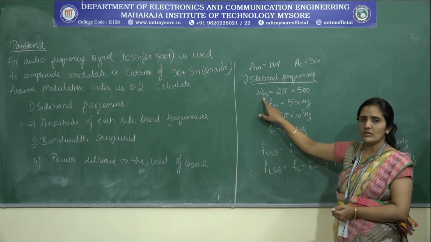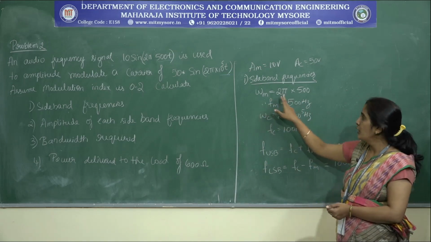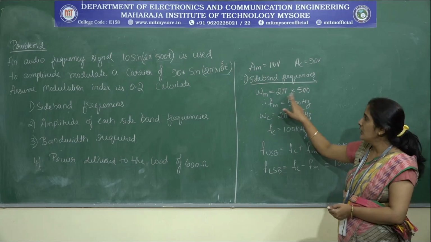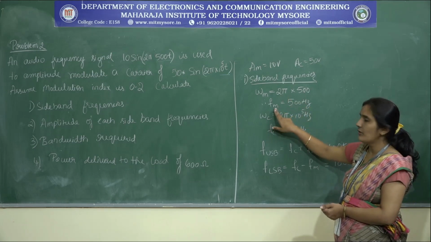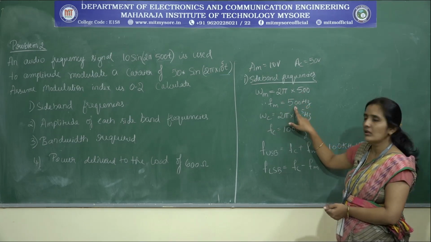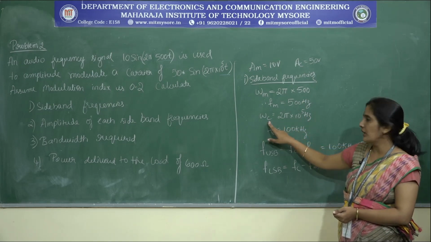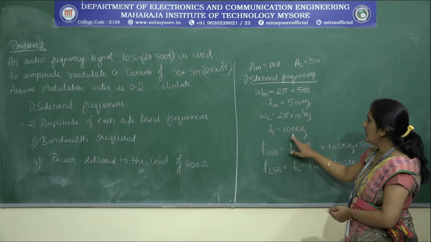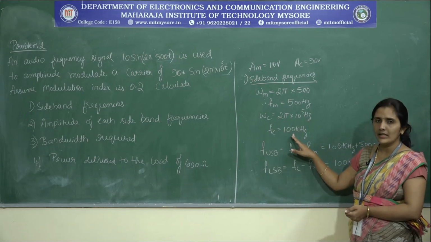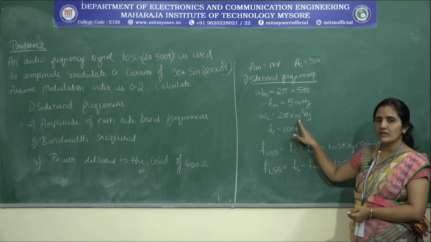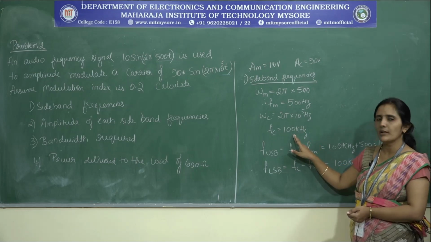Omega m is 2 pi into f, where fm is 500 hertz. Similarly we find omega c. Here fc is 10 power 5 hertz, which is 100 kilohertz.